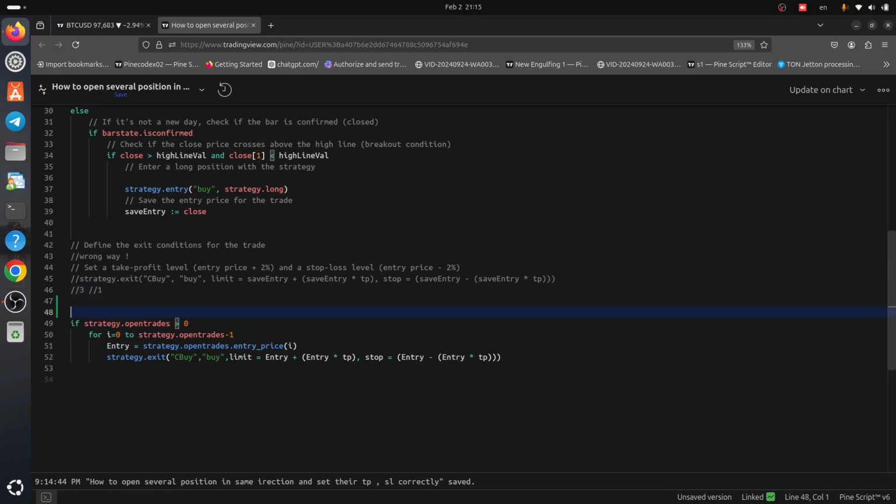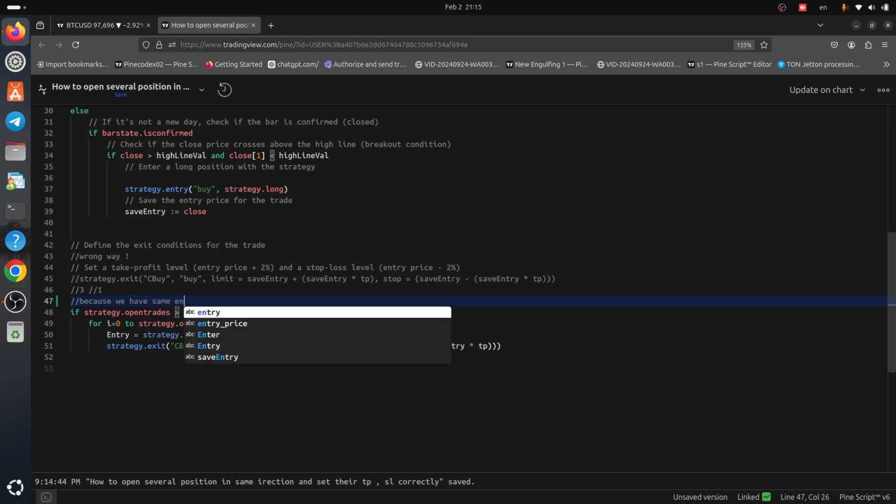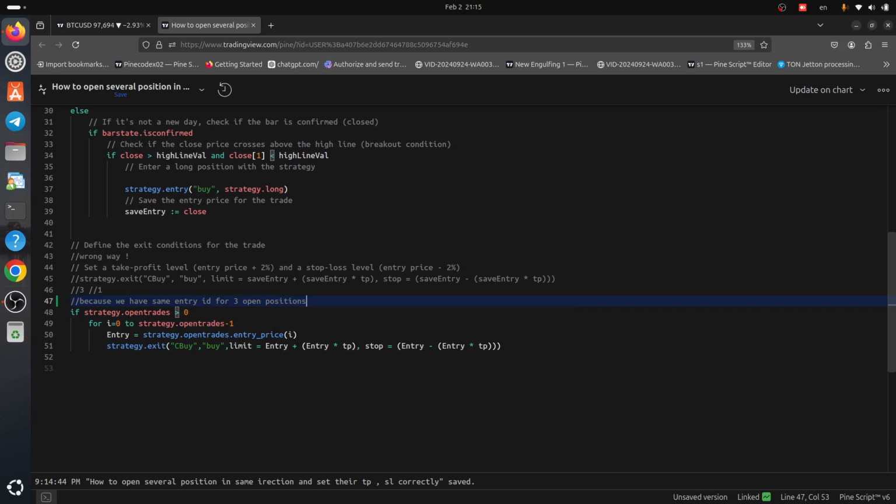This is our next problem, because we have the same entry ID for 3 open positions. So how can we fix this issue?